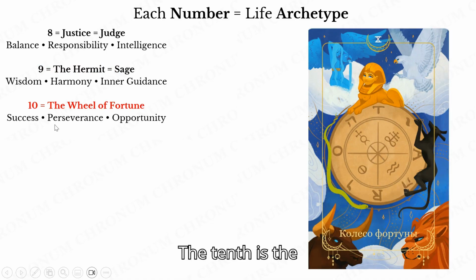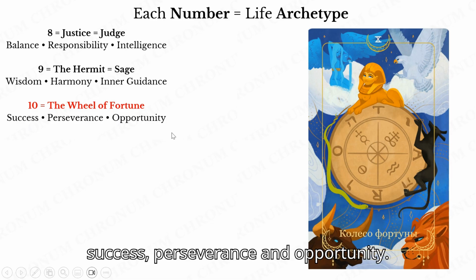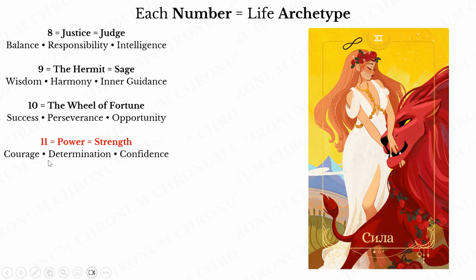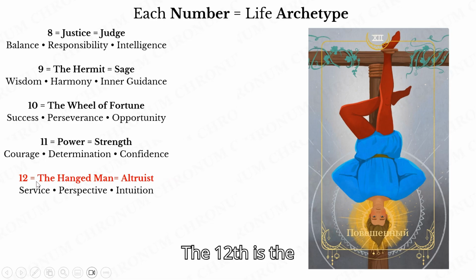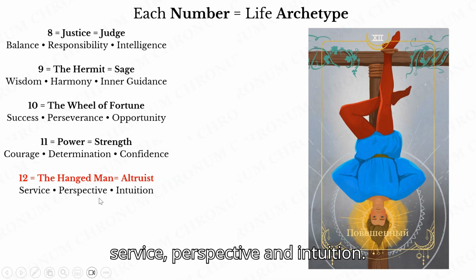The 10th is the wheel of fortune, showing success, perseverance, and opportunity. The 11th is strength, representing courage, determination, and confidence. The 12th is the hanged man, linked to service, perspective, and intuition.